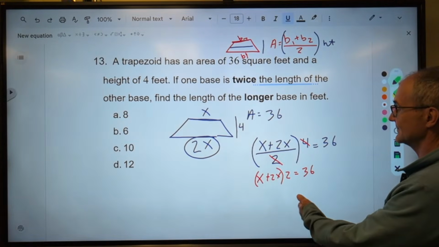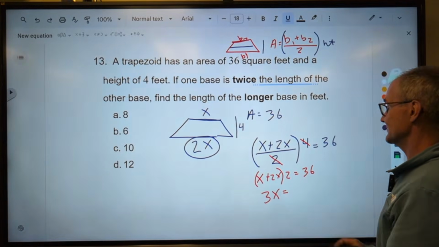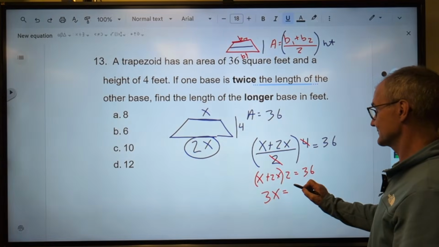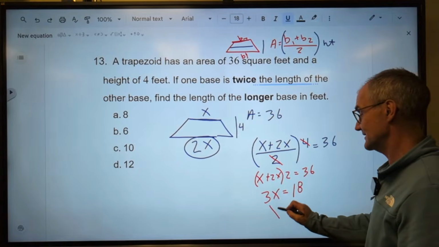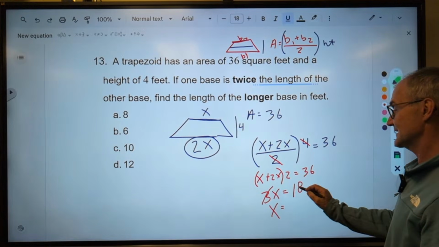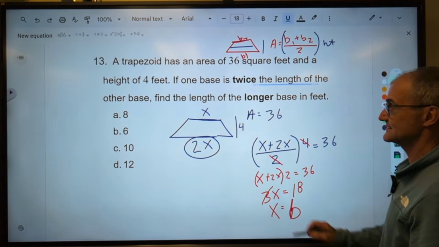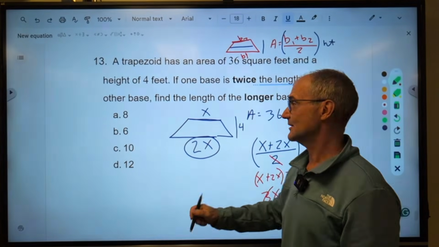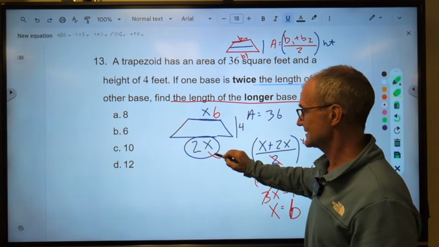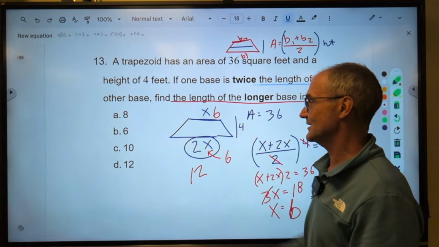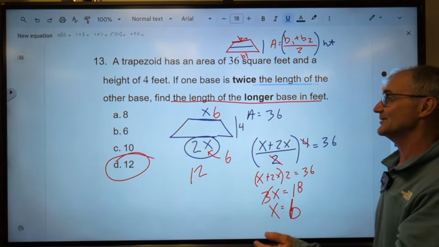I could divide both sides by 2 and combine these to get 3x equals 36 divided by 2, 18. Still solving my equation, divide both sides by 3. That cancels. 18 divided by 3 is 6. Now I have a value for x. Easy to go right there to answer B. Bong! Wrong. Right? This is 6, but it is saying find the length of the longer base. 6 goes right in there. The longer base is 12. Correct answer, answer D. If you got that one, you know what's going on, because this is a hard problem.